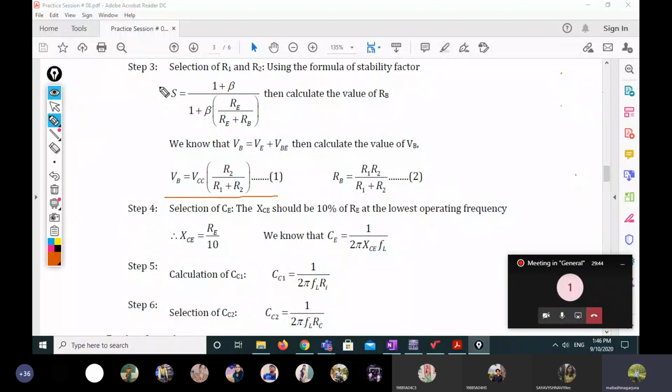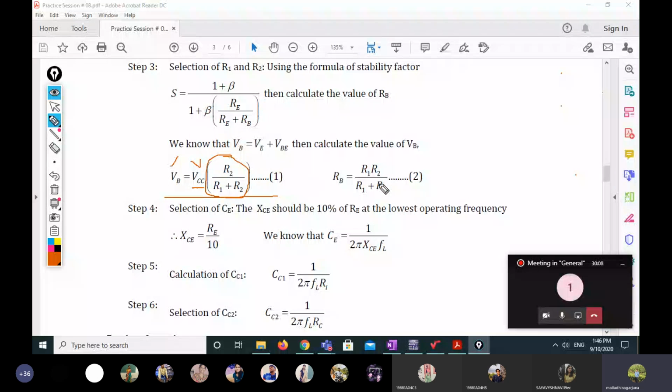Vb you know from the previous step, and Vcc will be given, that is the supply. And now you can calculate the R2 by R1 plus R2 portion, because this is known and this is known.